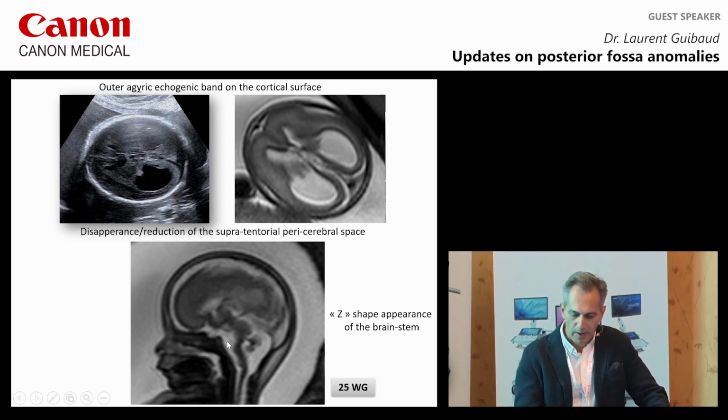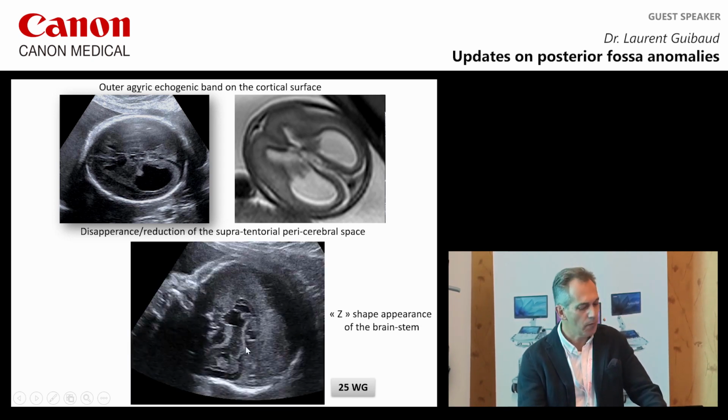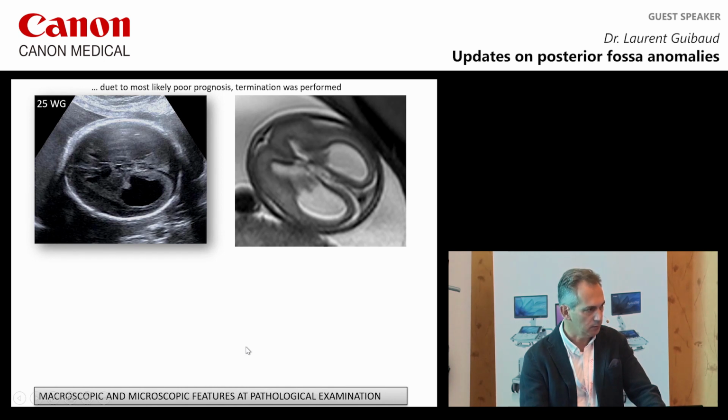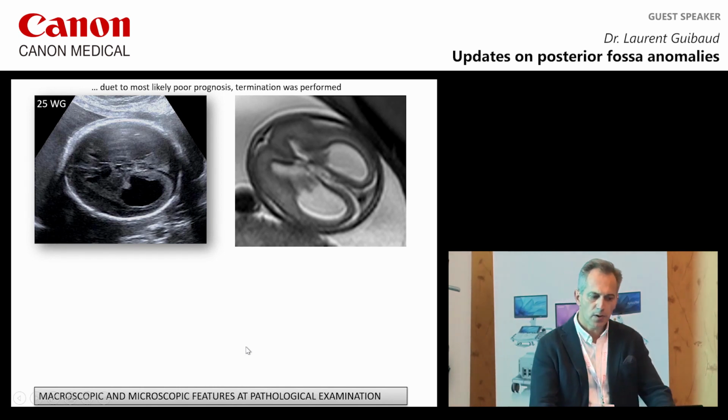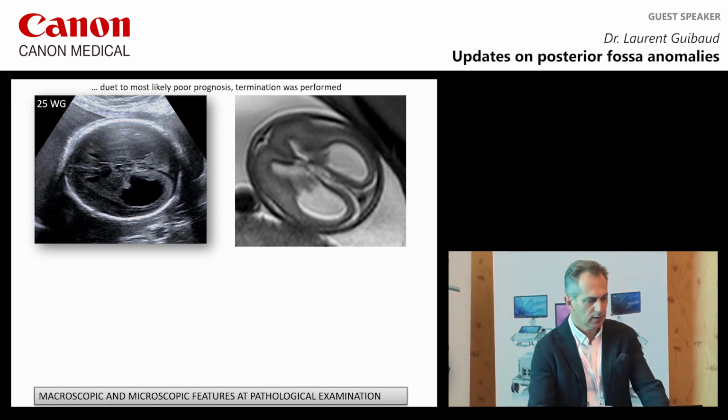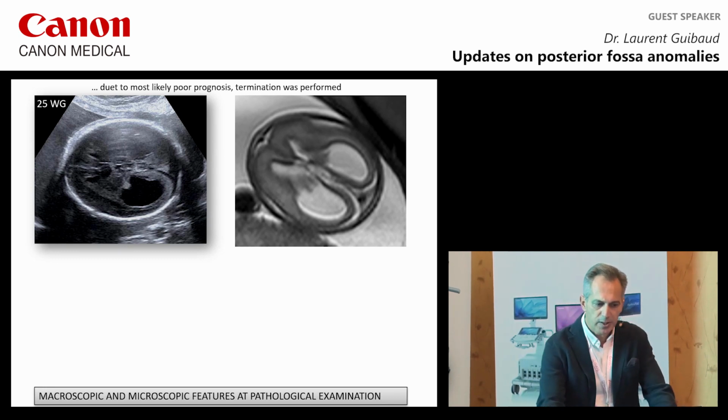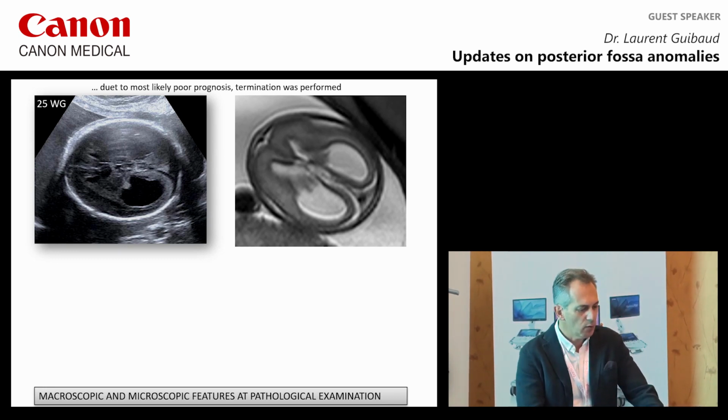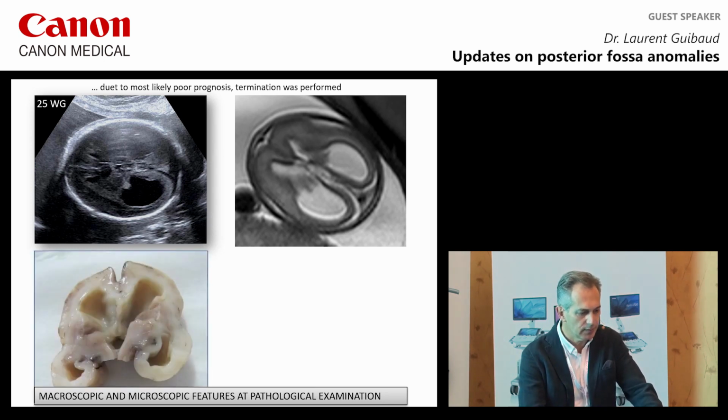You have the same image here, where you can see the Z-shape, but the outer band is less visible with MR compared to ultrasound. Because of the most likely poor prognosis of these conditions, termination was performed, and you have the macroscopic and microscopic features at pathological examination.